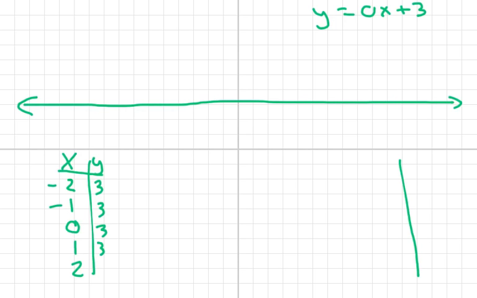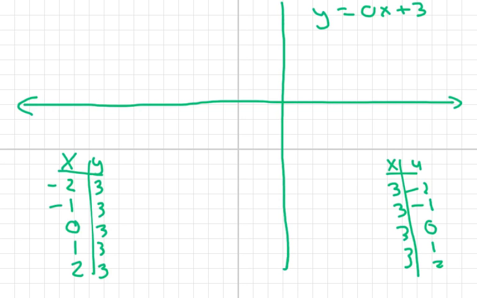So when you switch the x and the y, you're going to get 3, 3, 3, 3, and you get -2, -1, 0, 1, 2. It's not a function, so that's the issue. So basically, this would be x equals 3.